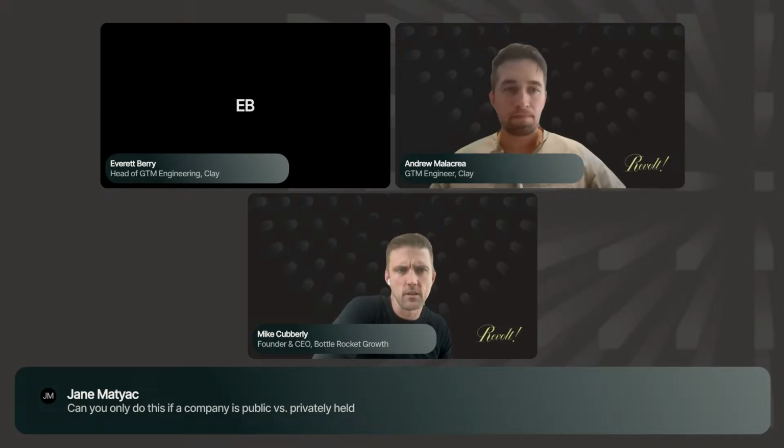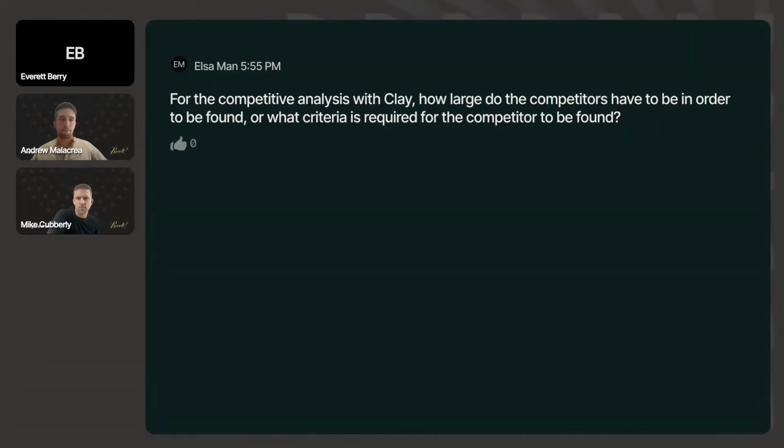Amazing. Okay. Next up, Elsa, sharing this again. For the competitive analysis with Clay, how large do the competitors have to be in order to be found, or what criteria is required for the competitor to be found? I don't know if Elsa, you could chime in with a little bit more detail here, but is your question around if I'm a company and I want to find competitive tech or customers that have my tech, or I want to find my customers' competitors?